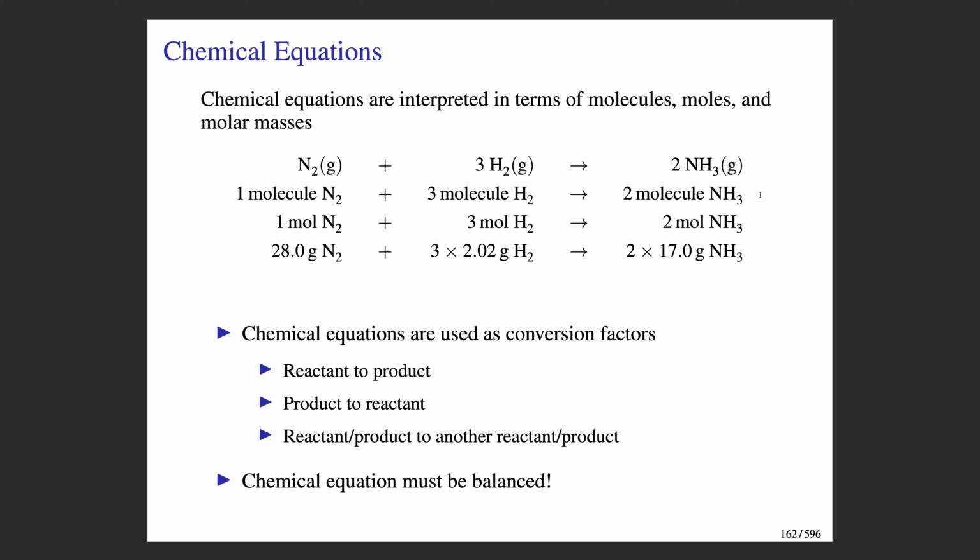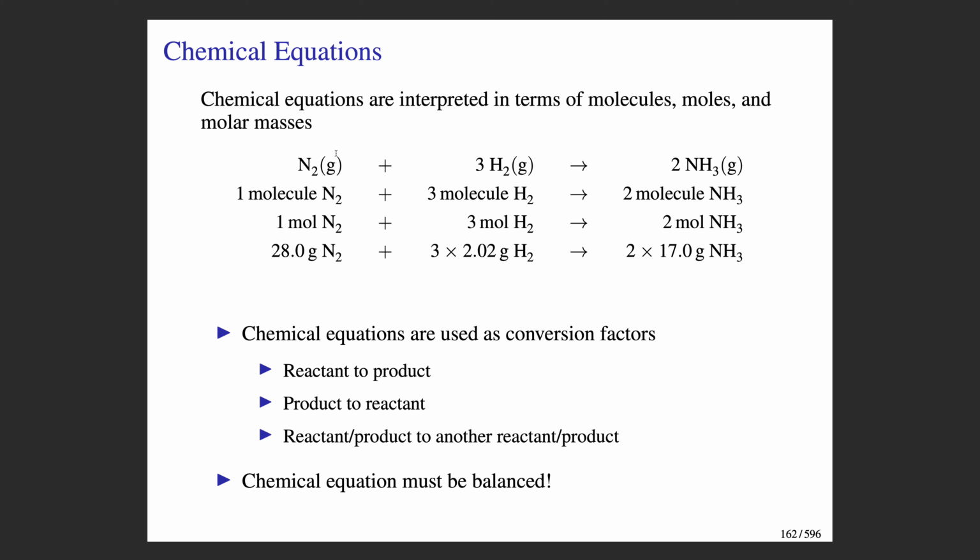Or we can interpret the chemical equation at the macroscopic level using moles. So we can interpret this equation to mean 1 mole of nitrogen gas plus 3 moles of hydrogen gas yields 2 moles of ammonia gas. If you convert those moles to grams using the molar mass of each species, you can also represent the chemical equation in terms of masses as well.